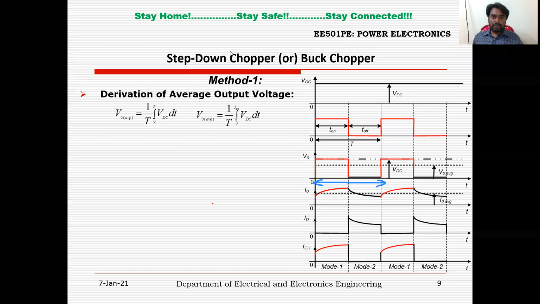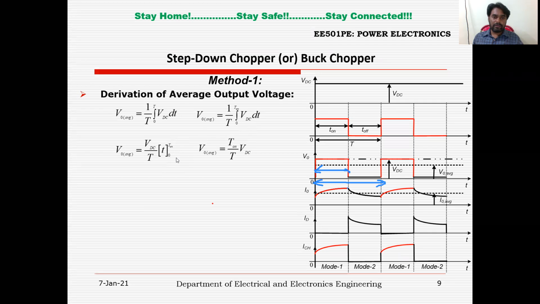But the output voltage we can see only from 0 to Ton. That is why the integration is from 0 to Ton into VDC. You just integrate this VDC, which is constant, so it will be t, and the limits are 0 to Ton. If you substitute the upper limit, Ton minus 0, directly write Ton by T into VDC. So this Ton by T, you can write it as delta. Delta is the duty cycle.